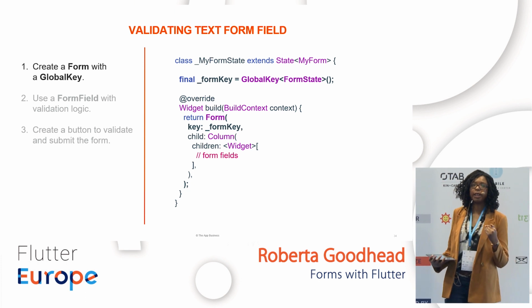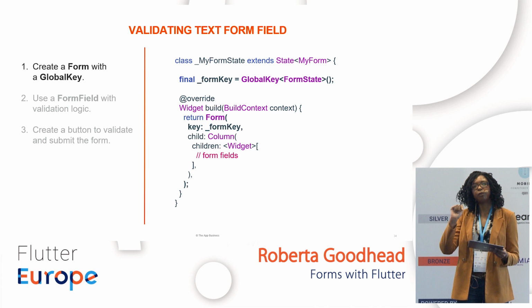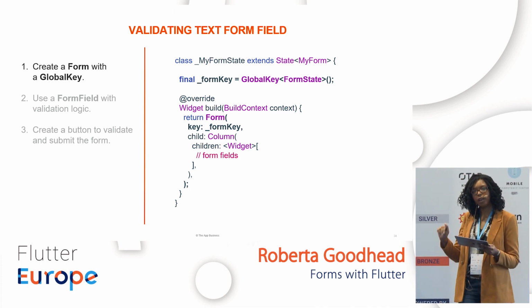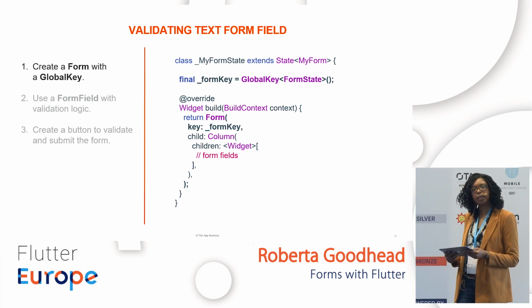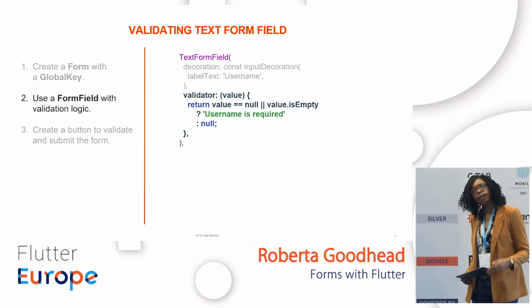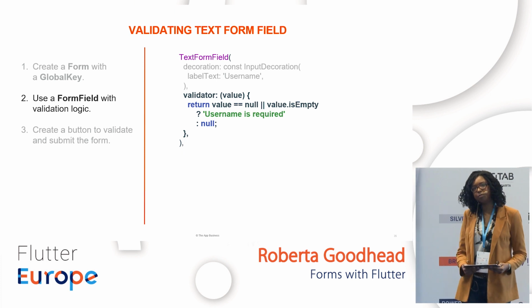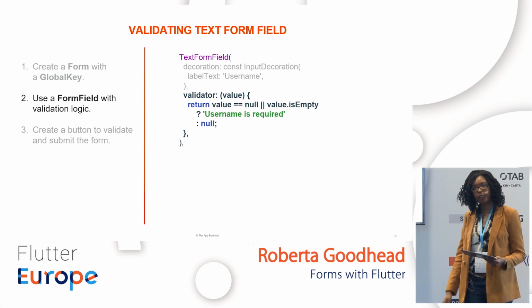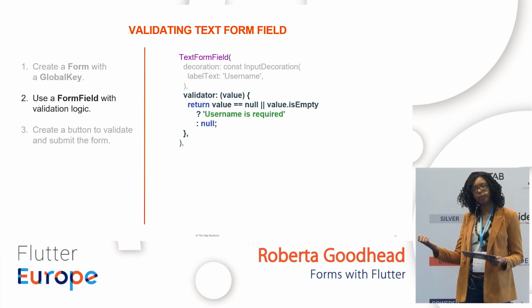So in the case of a text form field, the first thing you would do is create a global key of type form field state, and then add that key to your form. And then next up, you will add a validator function. It's simple, as you see there. We want to make sure that the username is required, so we just make sure that there is a value.